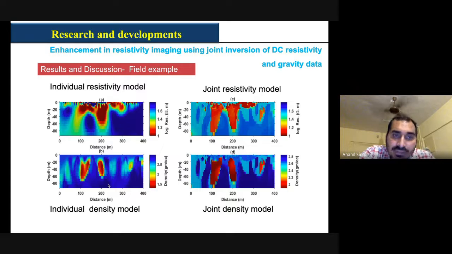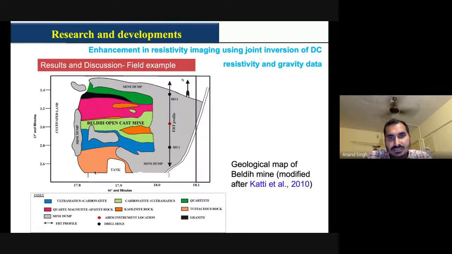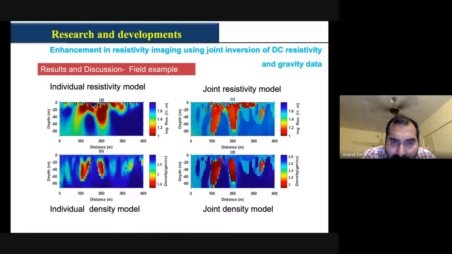Now, if you compare these two subsurface models, one thing is very clear: they are not matching very closely. For example, this block is going like that, but here you are seeing some kind of vertical feature. To be honest, geologically, these features are vertical, so gravity is providing a better result.